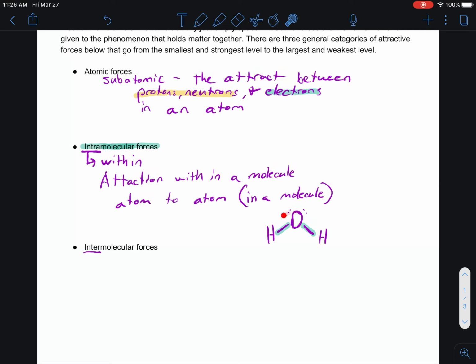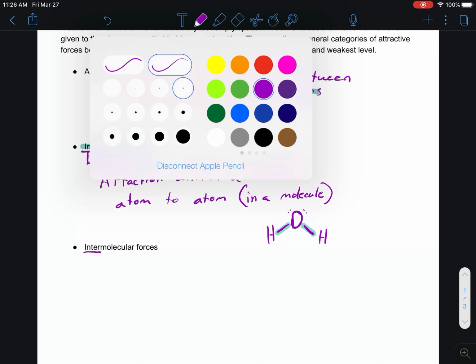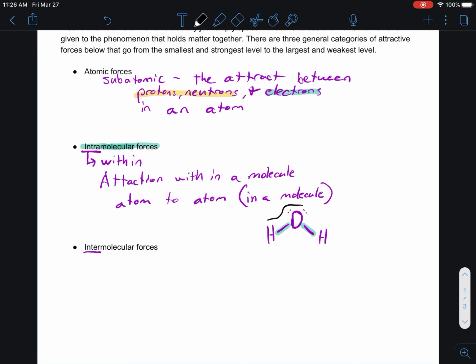That attractive force that keeps hydrogen and oxygen together, and this hydrogen and the oxygen together, that is your intramolecular force, the attraction within a molecule, right? Because we could trace around this and say, oh, well, here is our molecule. And those highlighted lines, those solid lines, are within that black molecular space that I outlined.